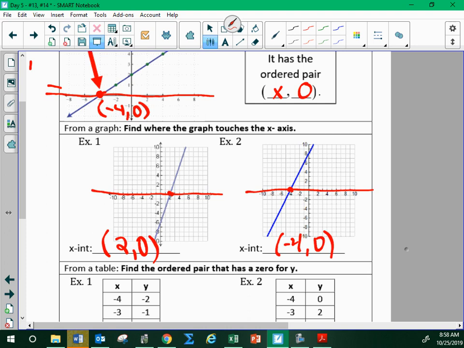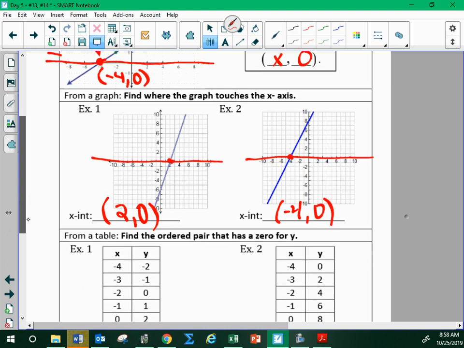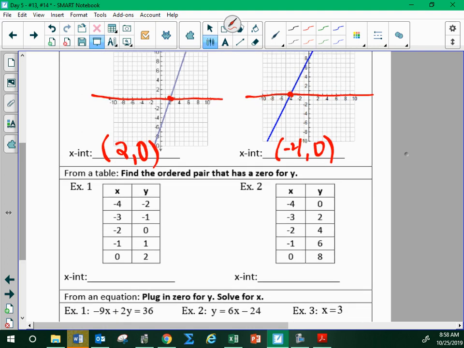Okay, what's important to remember is that it's where it crosses the x-axis, and that's when our y value is 0. Sometimes they'll ask us to do this from a table, and so you don't have your graph. It says find the ordered pair that has a 0 for y. If it has a 0 for y, that's another way of saying my y value is 0, so this is going to be an x-intercept.